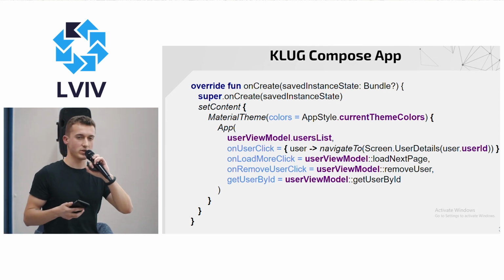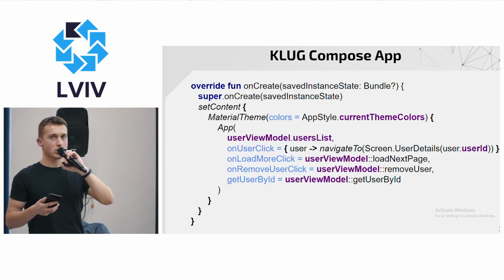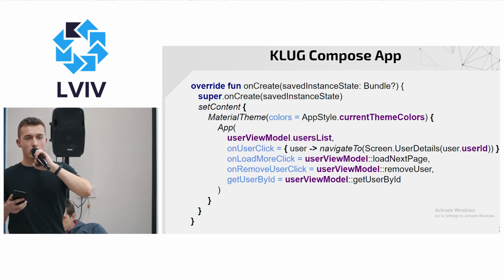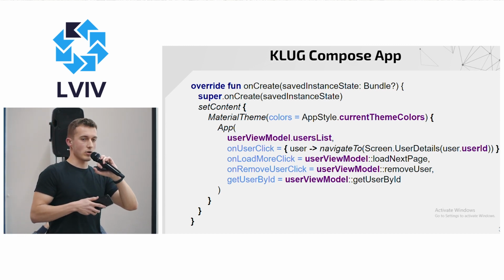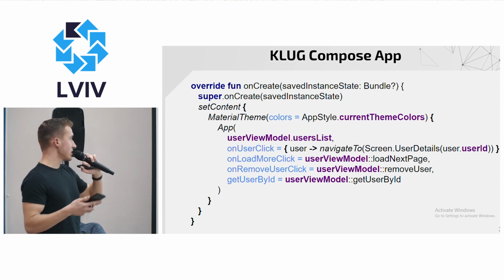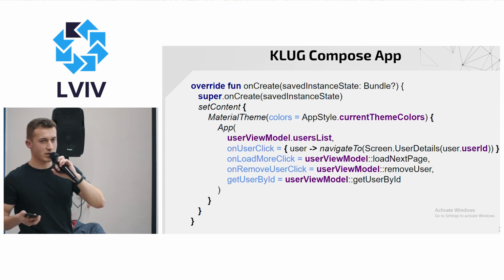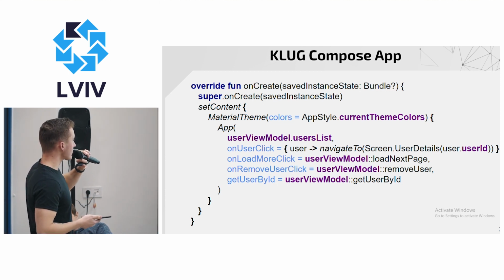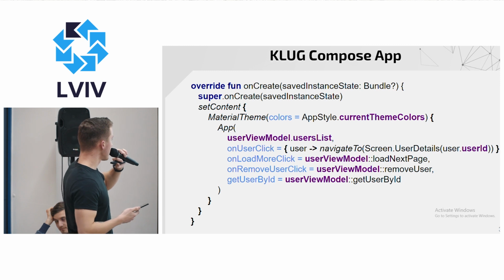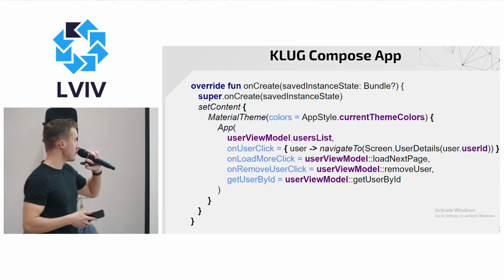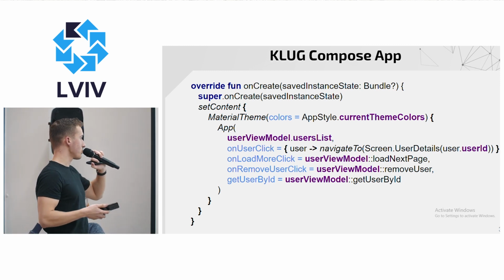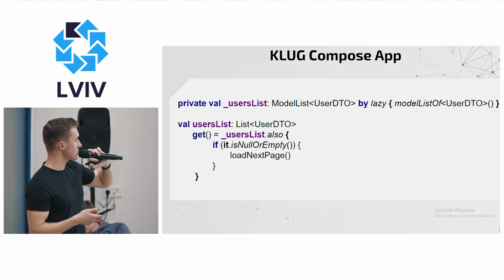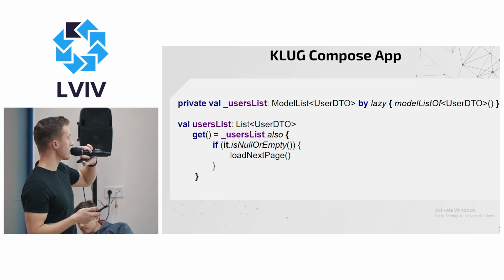It's more like a modifier, for example suspend in coroutines. We can call a composable function only from a composable function, but we need a first function where we would call our composable function. So what happens here? Our MaterialTheme and our app are also composable functions, but we'll come back to them a little later.